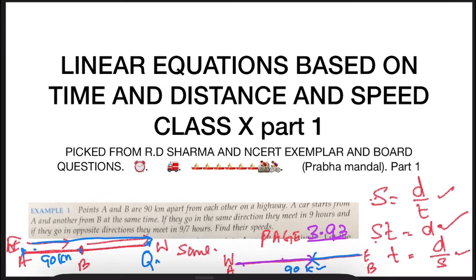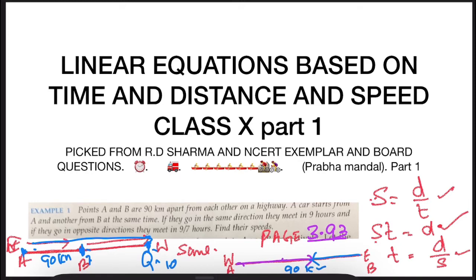The car from A traveled within that stipulated time, from A and reached Q in the same time. If it started at 7 o'clock, suppose it reached at 10 o'clock, that means it took 3 hours. The car speeds must be different, because B started here and reached here in the same 3 hours. Both started at 7 o'clock and both met at 10 o'clock here.